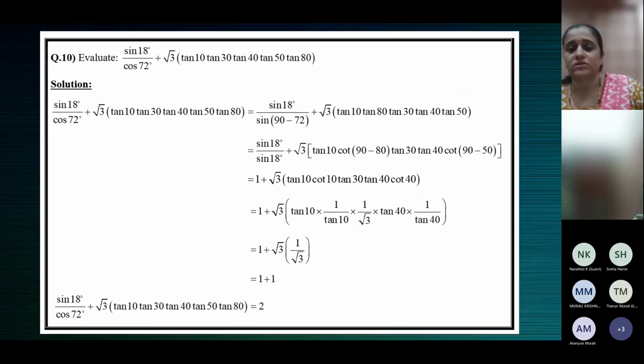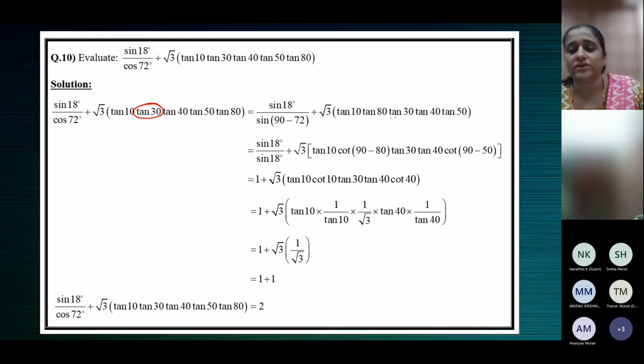So you can see here, to evaluate this, I look at the angles. When you look at the angles, they are not standard angles. See, 18 degrees, 72 degrees are not standard angles. 30 is a standard angle, but 40, 50, 80 are not standard angles. So only one standard angle you have here, 30, tan 30 degrees.